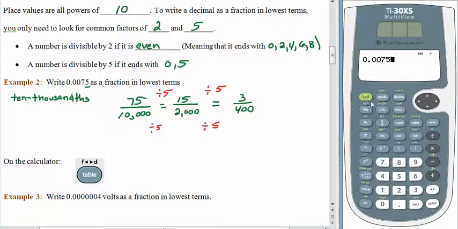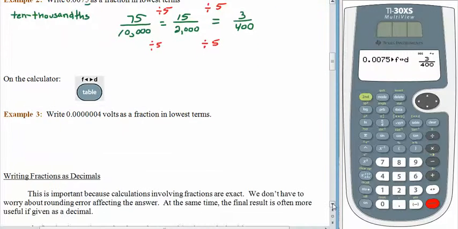So we'll use second to access the function on the calculator, use the converter key, and there we go, 3/400ths. Pretty slick, huh? Which is great. But remember, calculators have trouble with display space, especially when it comes to working with fractions. There are a lot of times when you are actually smarter and faster than a calculator.